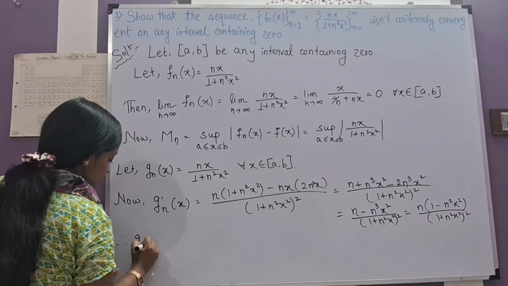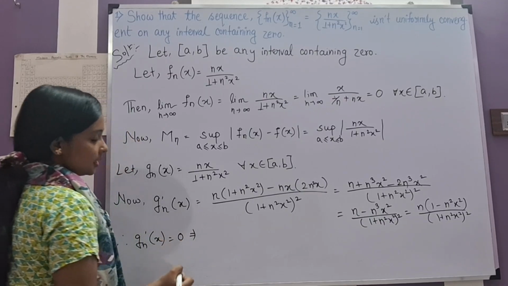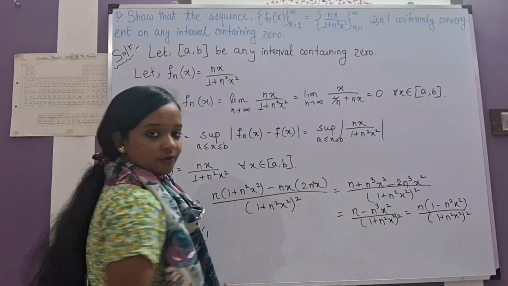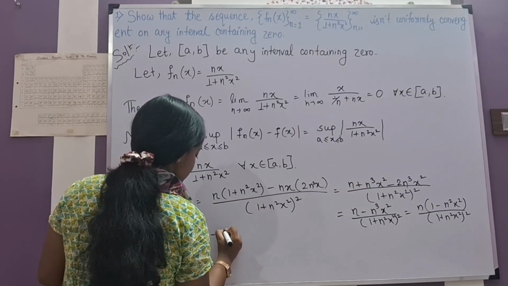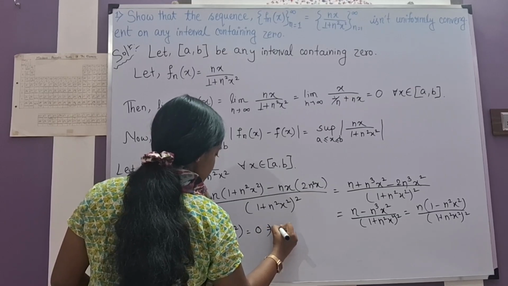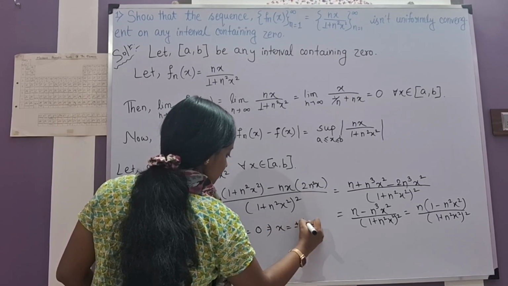So g dash n(x) equal to 0 implies, what it will imply? n cannot be equal to 0, so 1 minus n squared x squared equal to 0. This implies x equal to plus minus 1 by n.